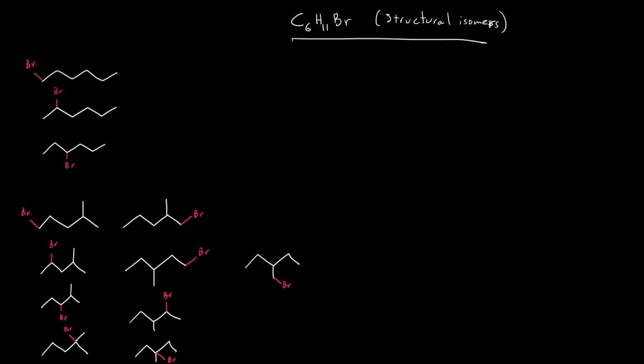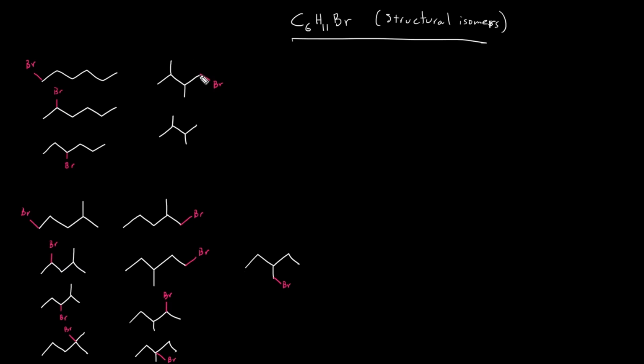So, then we create another chain isomer. We can move more of these. So if we make our main chain 4 carbons instead, we could put a methyl group here and a methyl group here. And if we do that, we can actually have 2 different positional isomers. We could have our bromine at the end of a carbon, Br, and then whether it's this one, this one, this one, or this one, it wouldn't matter.